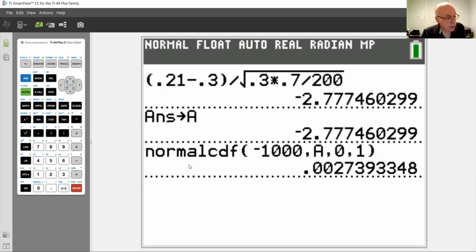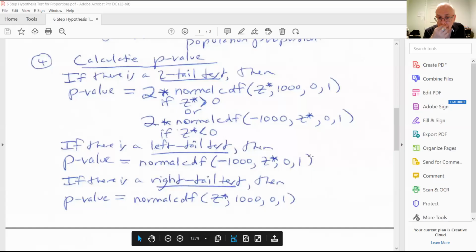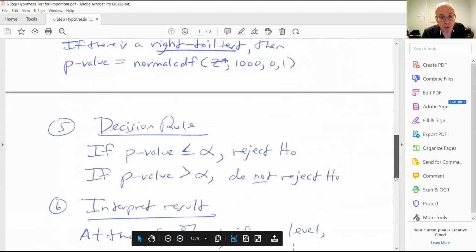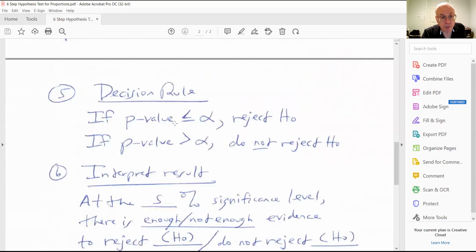Now go back to the problem, stop sharing. Once we have our p-value, we have our decision rule. This is a small p-value, 0.0027.